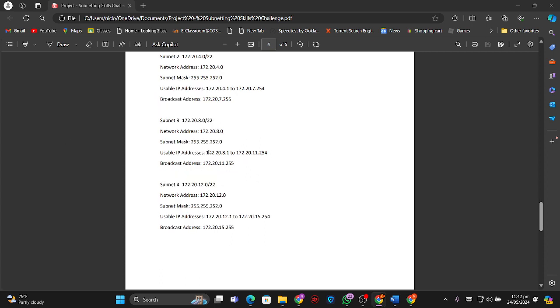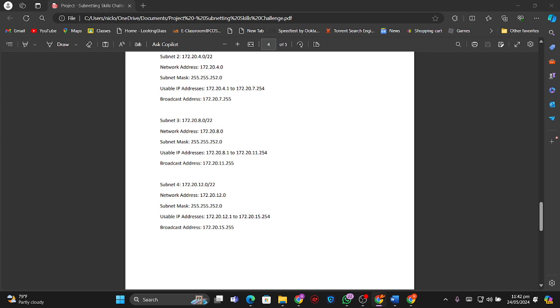And last but not least, we have our subnet 4, which is 172.20.12.0, with the same subnet mask of 255.255.252.0.